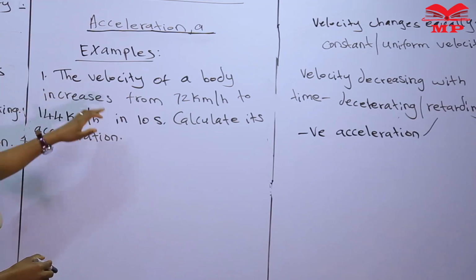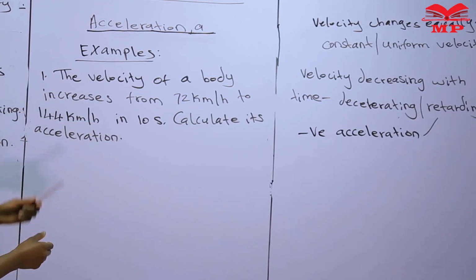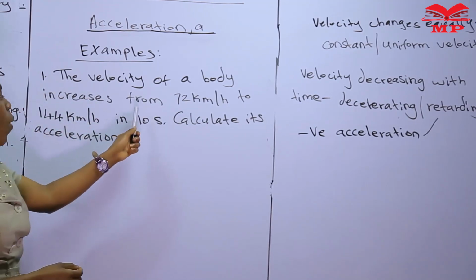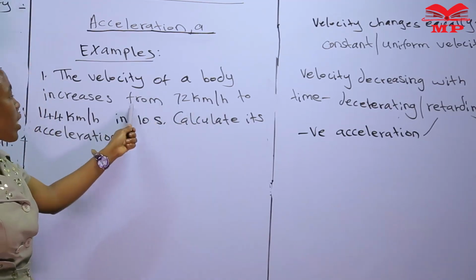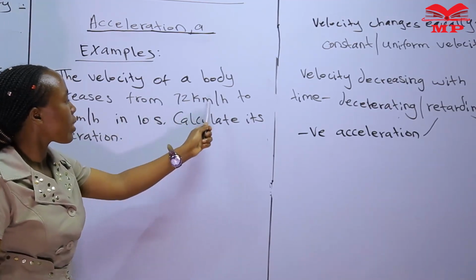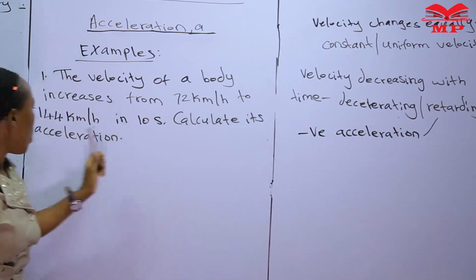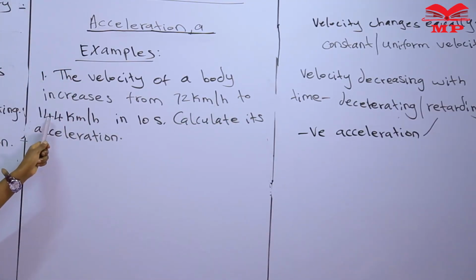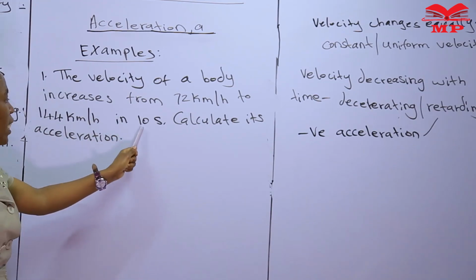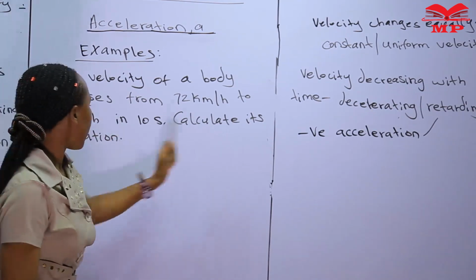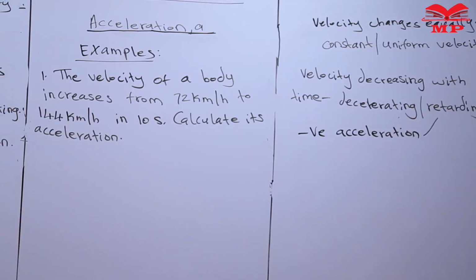We are told that the velocity of a body increases from. When you hear the word from, it means that this is the initial velocity. It increases from 72 kilometers per hour to a velocity of 144 kilometers per hour, and the time is 10 seconds. The first thing is to analyze the question and know the values that are given.